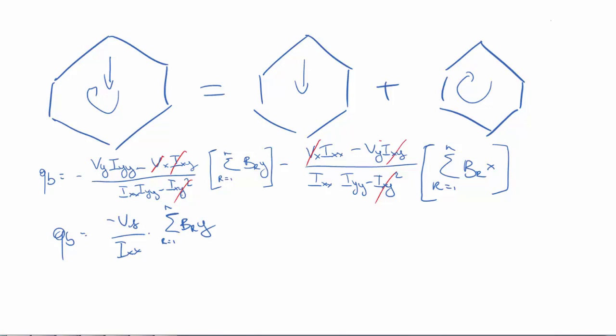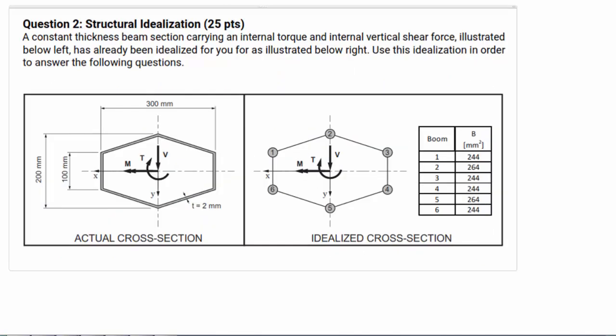Because the section is closed and there's no apparent location where the shear flow is 0, we will start with calculating the delta Q's over all the booms. The equation for this can be derived from the previous equation, and it's this one. But let's take a step back first, because I want to clarify something.